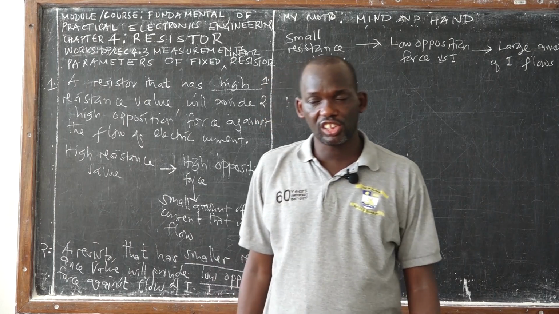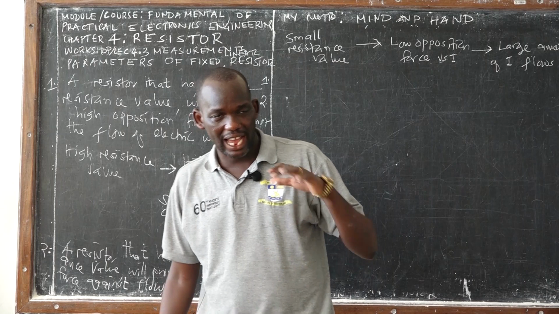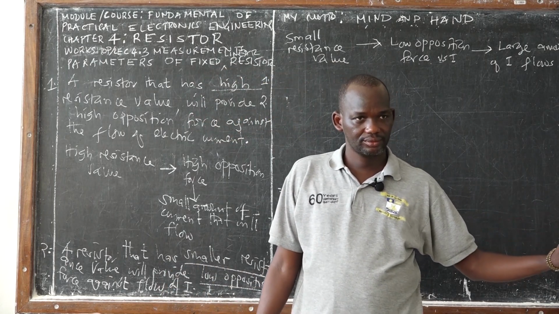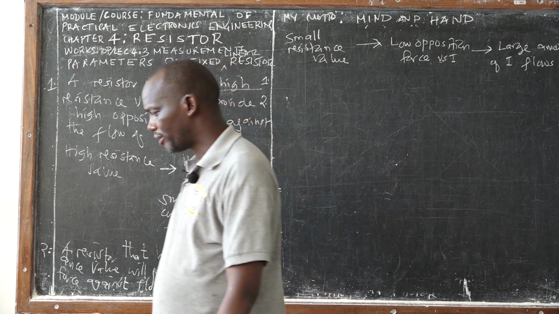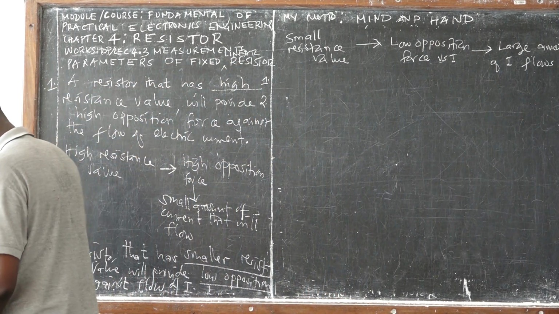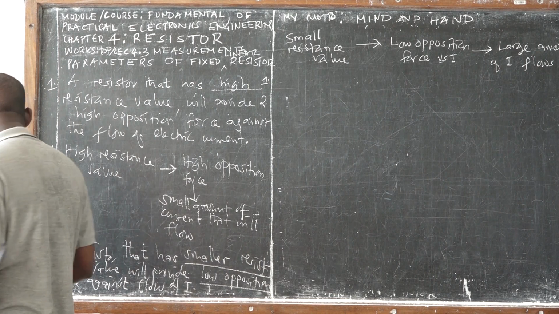So if the resistance of the resistor is smaller, a large amount of current will be allowed to pass. Are you together? Yes, so those are the key points that you have. I have to remind you because I know that if you know them.